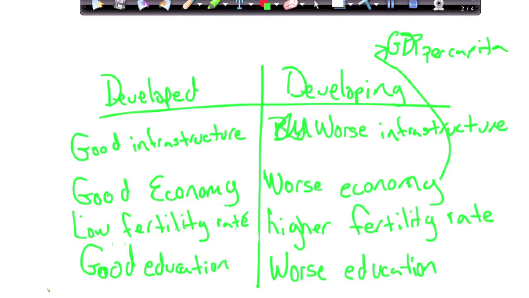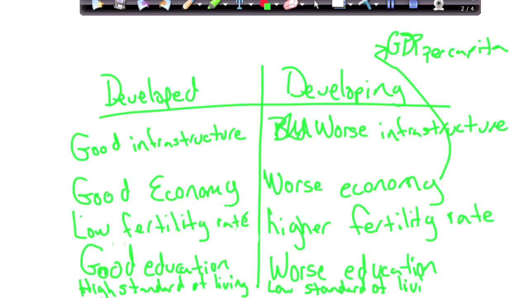One thing I left out of here, and hopefully you can see the bottom of the screen, is that a developed country has a high standard of living, a term I hope you guys are familiar with. And that's one of those terms that is kind of hard to define. A developing country has a lower standard of living.